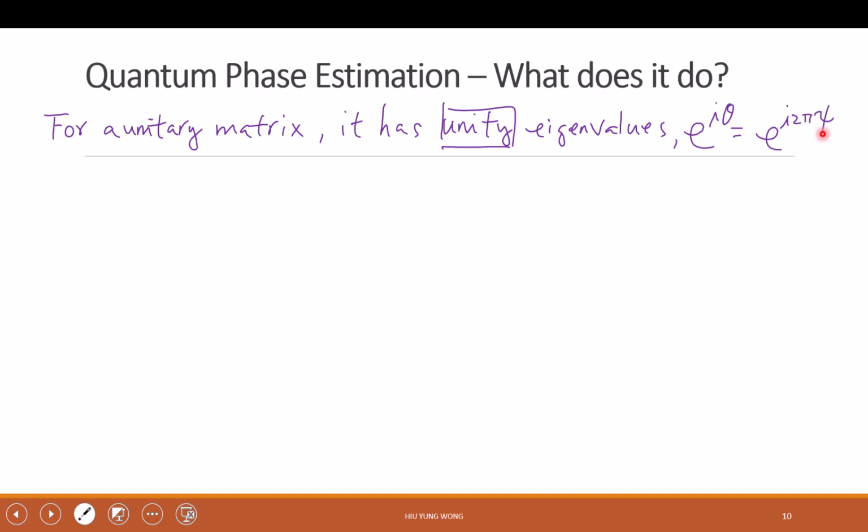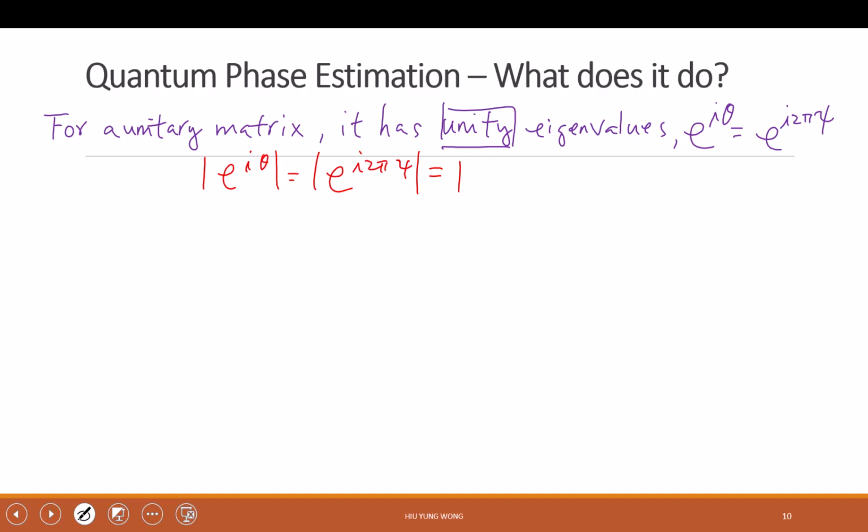What we're trying to say is that its eigenvalue has this form. Why do we call this unity? The magnitude of e to the power i theta equals 1. The length of e to the power i something is 1. It's on a unit circle. So it's not going to get 2i, 3i, 4i, because it's a unitary matrix.